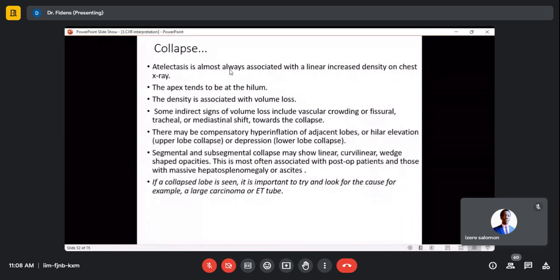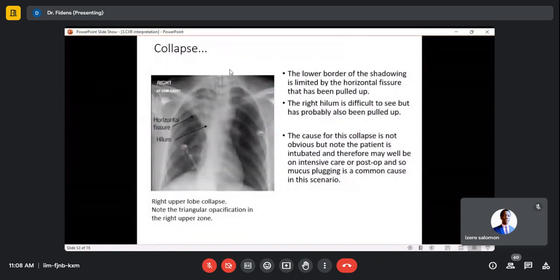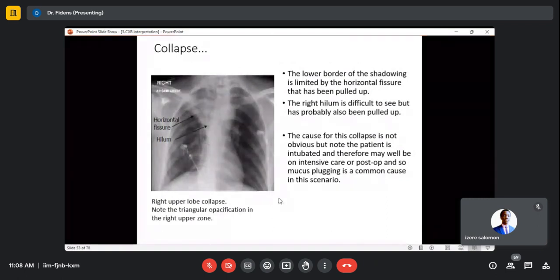So these are many messages, but when you go to practice, it will become easier. So this is an example. Can you see this image? When you look at this, don't forget the approach.